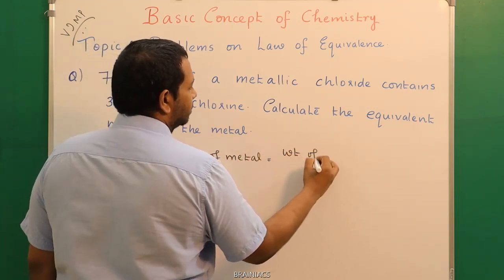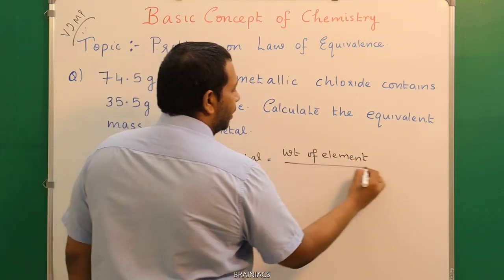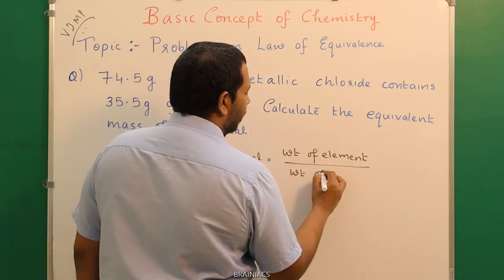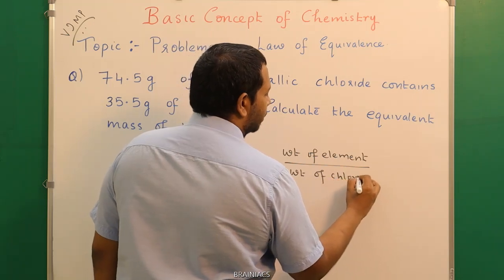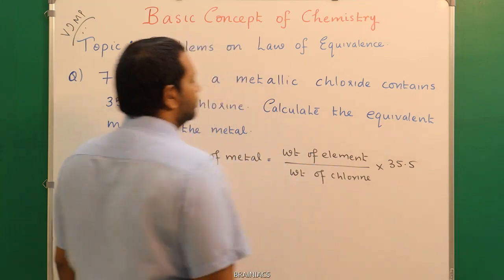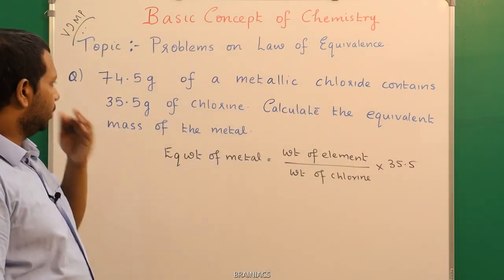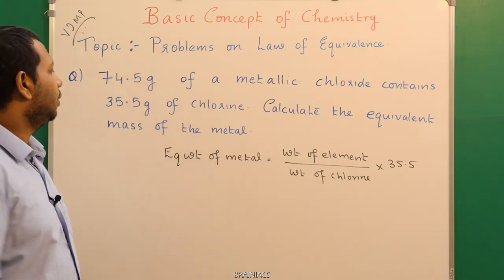So as per chloride formation method, equivalent weight of the metal is equal to weight of the element divided by weight of the chlorine multiplied by 35.5. Now what is the weight of the element? Do you know that? No, okay, we will do that.